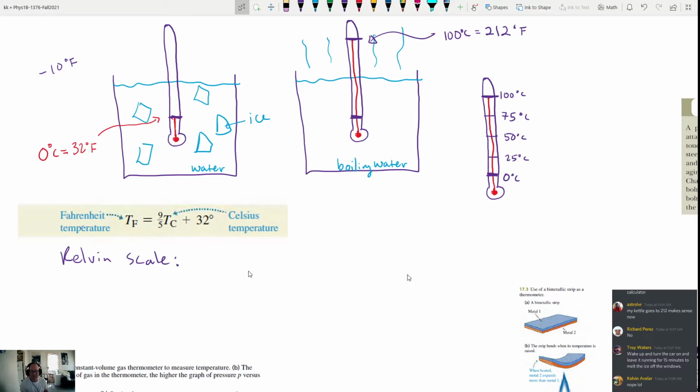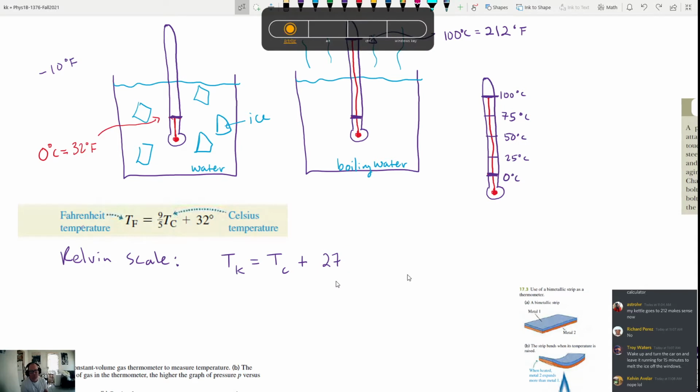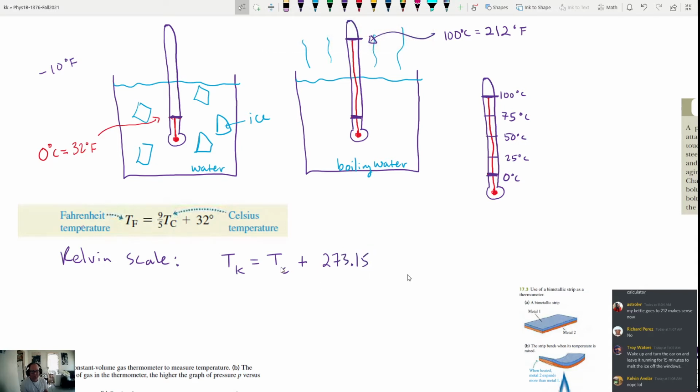And on the Kelvin scale, temperature in Kelvin is equal to temperature in Celsius plus, I think it's 273.15. So you take the temperature in Celsius and you add this much to it, which means that 0 degrees Celsius corresponds to 273.15 Kelvin.